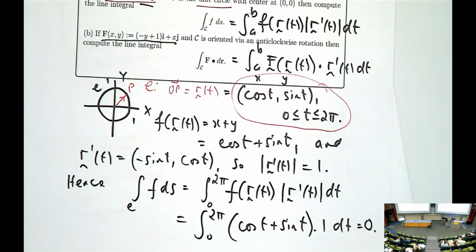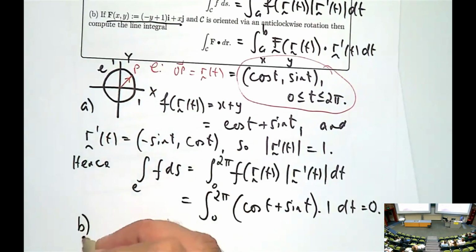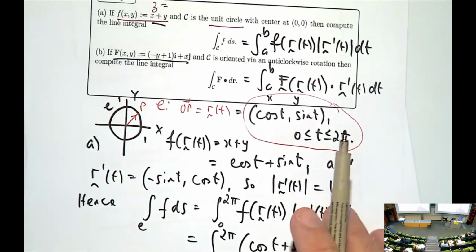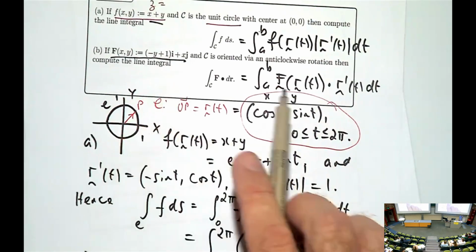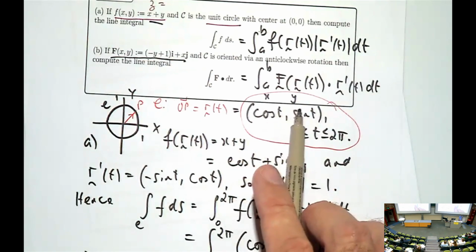So how do you do this? Well, it's very similar to the previous problem. Let me just show you. This is part A, part B. So the vector field, which is this mess, along our parameterization: x equals cosine t, y equals sine t.